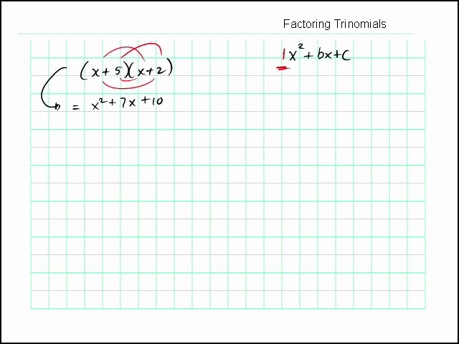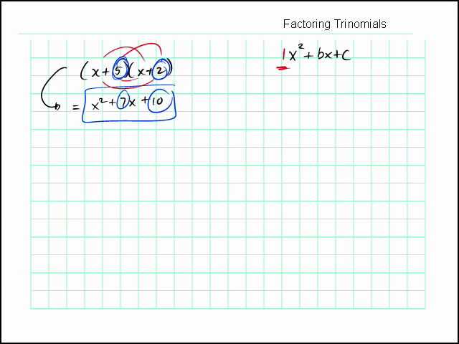Now notice the connection between the numbers. 5 plus 2 is 7. 5 times 2 is 10. And so I can use this to take a polynomial such as this and factor it. So I'm going to go in the reverse direction now.